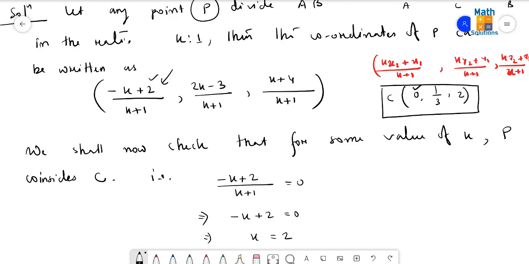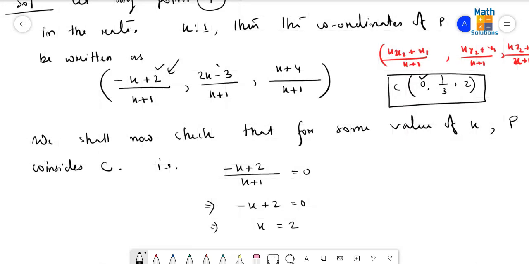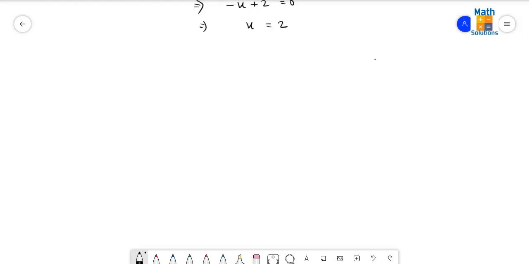Now for k equals 2, we shall now show that this value will be giving us a result of 1/3 and this value will be giving us a result of 2. If it happens, then it will be very clear that P coincides with C, and as soon as it happens, we shall understand that these 3 points A, B, C are collinear.